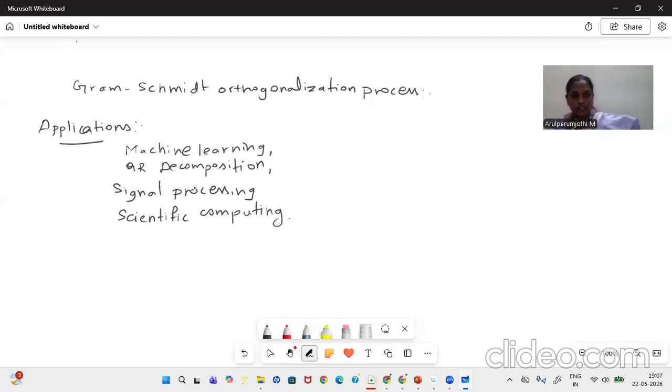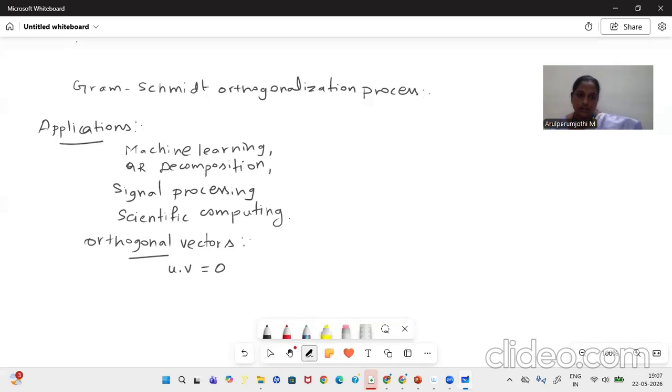Before going to this Gram-Schmidt process, let me tell you what orthogonal vectors are. It's simply if you satisfy u dot v is equal to 0. This is the dot product. If u dot v is equal to 0, then these two vectors are orthogonal to each other.